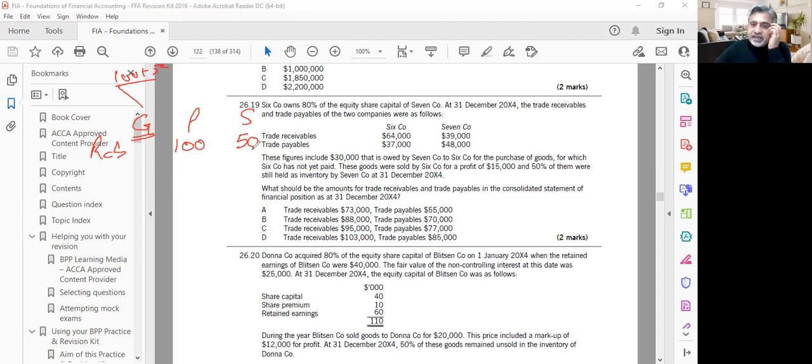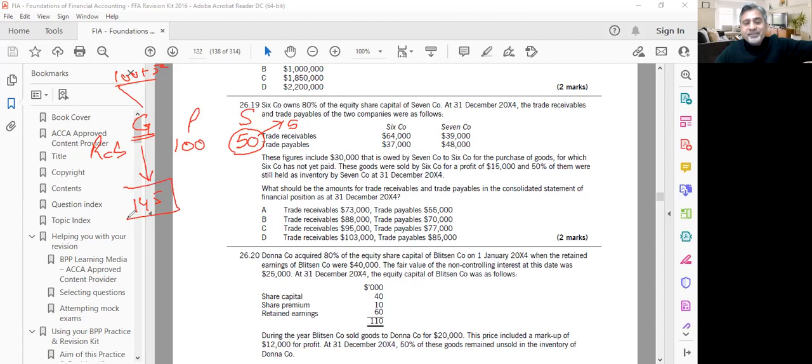For example, if I tell you that within this subsidiary's $50, $5 are owed to P because subsidiary purchased some goods from P. So within this 50, $5 is intragroup, which means that S owes $5 to P. In that case, your total receivables would be 100 plus 50 minus 5, 145.